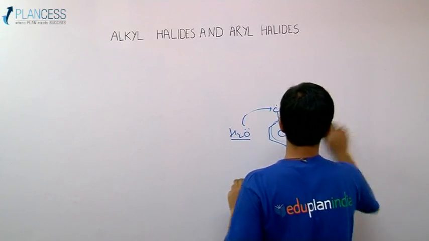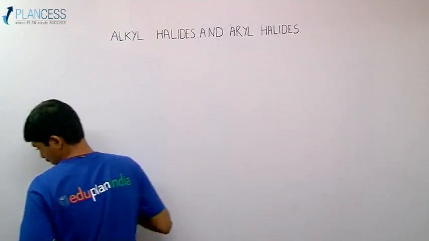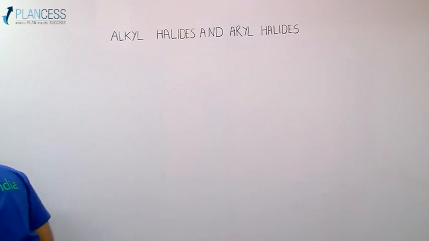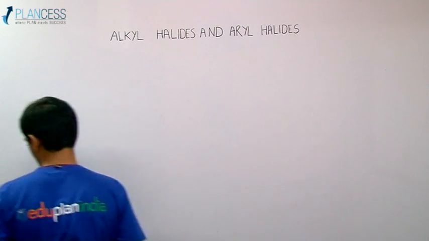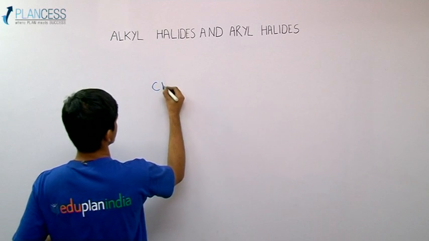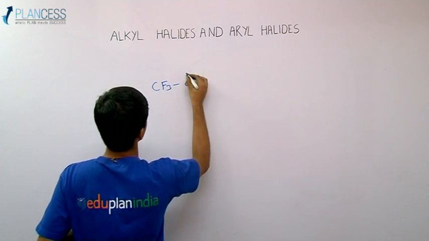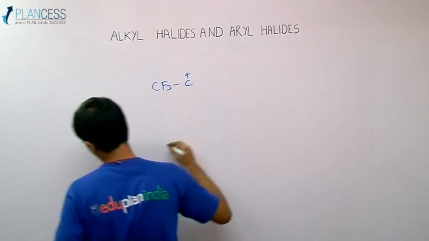So the next question says this. We have this kind of structure, this kind of molecule, C plus, and there are two groups.